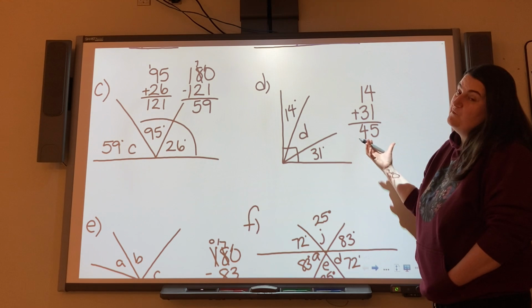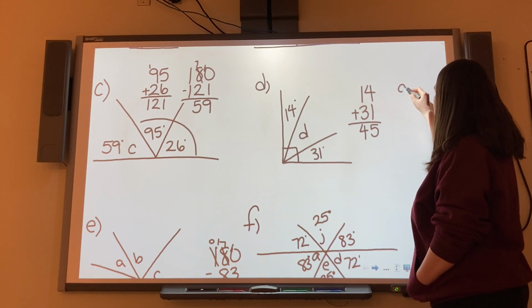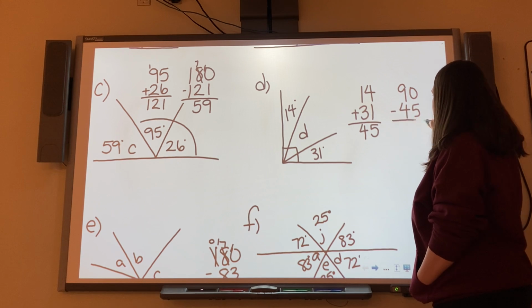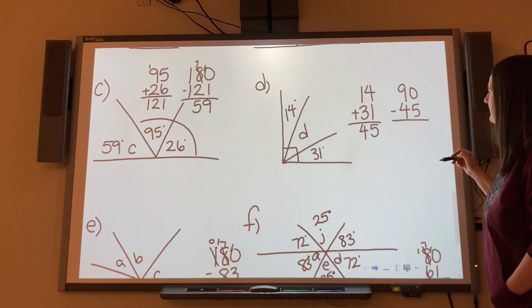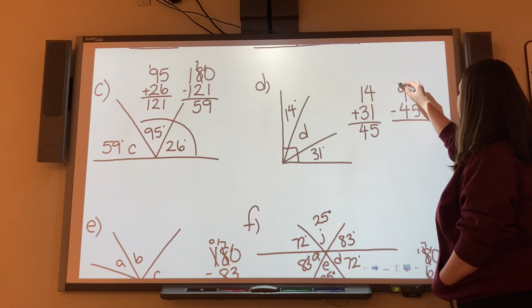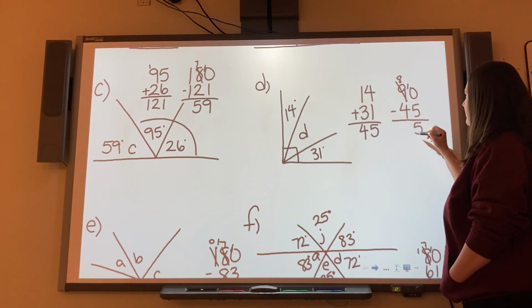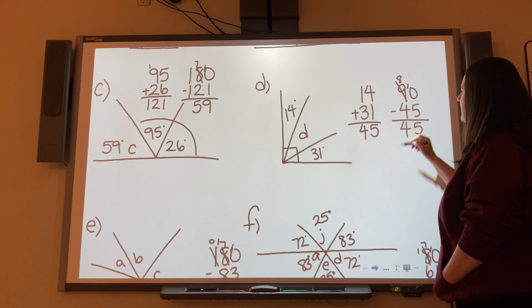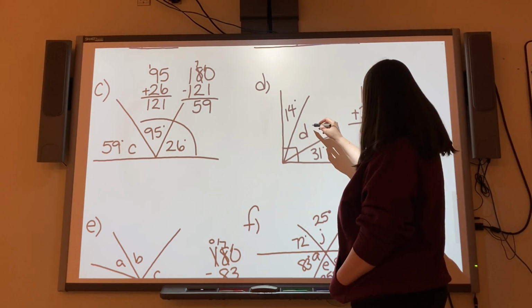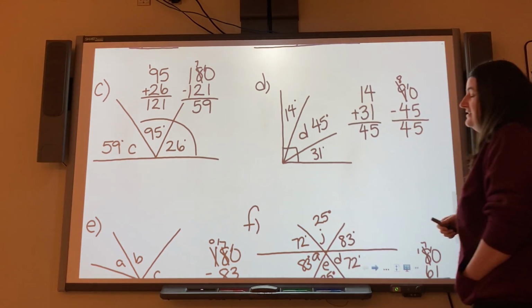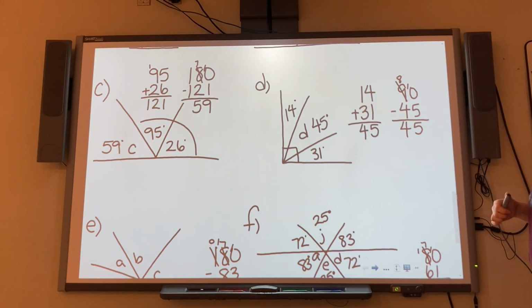And then I minus from 90 to find out what the missing middle angle is. Do I have to borrow? Yes, I have to borrow. 10 minus 5 is 5, 8 minus 4 is 4, so I know that the angle in the middle is 45 degrees. Check and see if you got that right. If you did, give yourself 2 big check marks, 1 for each calculation.